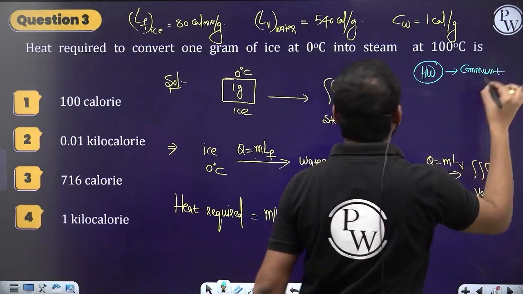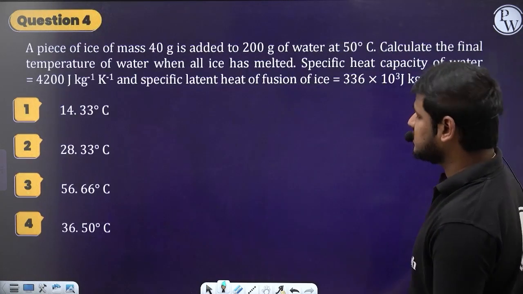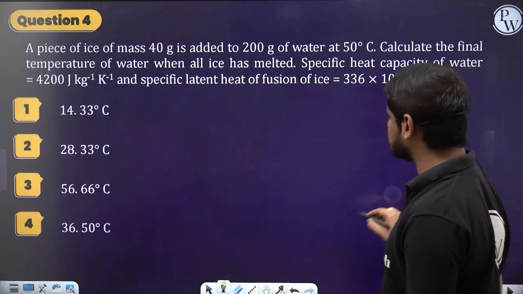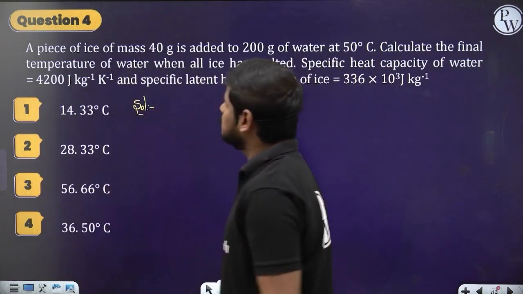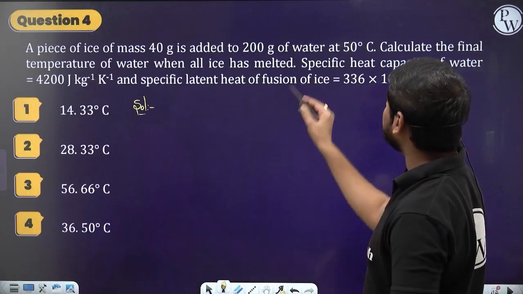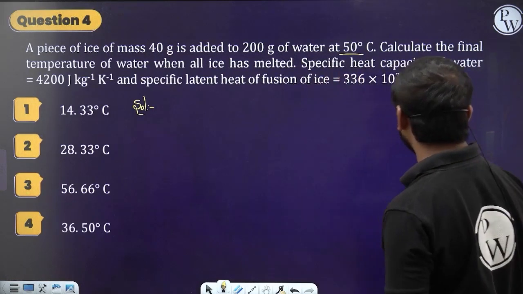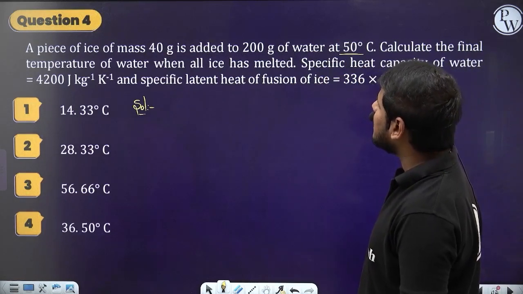Everything I wrote, you have to substitute the values. That's it. Done. So next we have one more question. Try to solve this question on your own. A piece of ice of mass 40 grams is added to 200 grams of water at 50 degrees centigrade. Calculate the final temperature of water when all ice has melted.